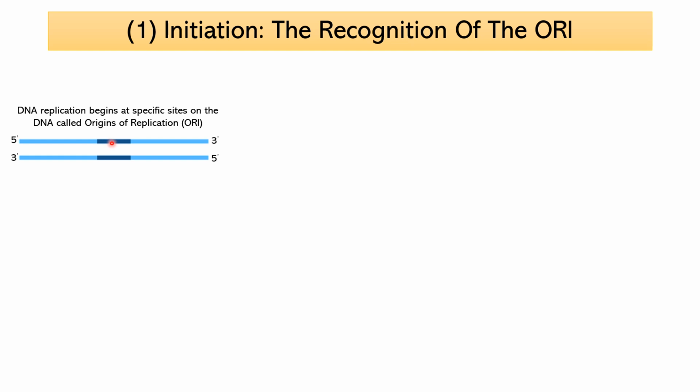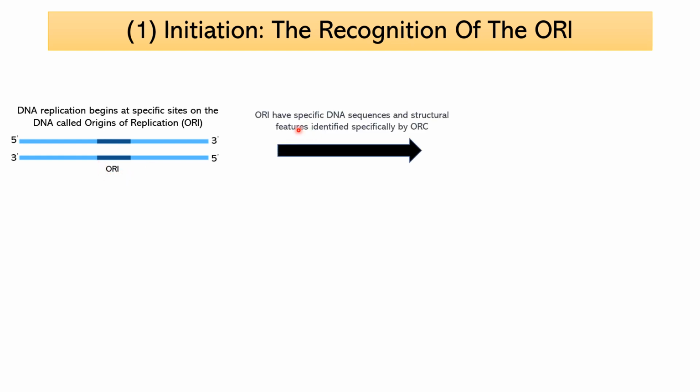DNA replication does not start randomly from all over the DNA, but instead starts at very specific sites, and these sites are called origins of replication, or the ORI. These sites have very specific DNA sequences.